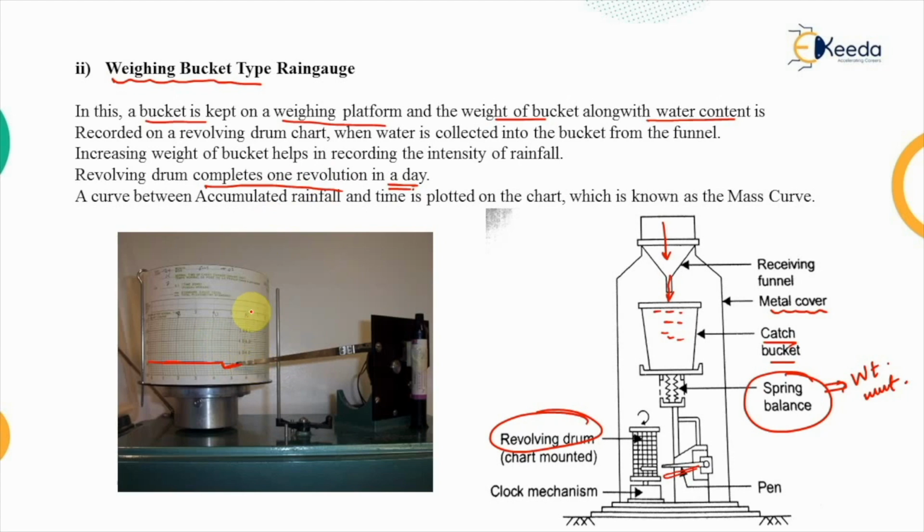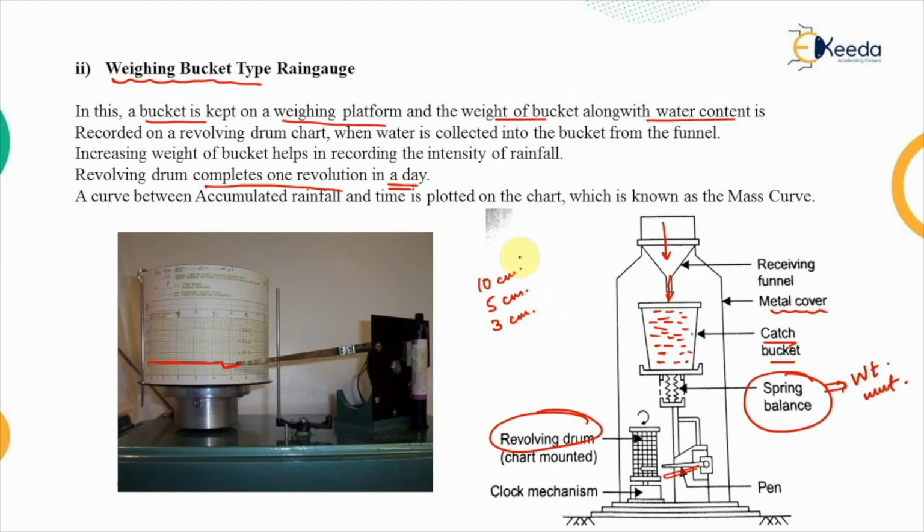Now what is the advantage in this? In this particular type of rain gauge, the bucket capacity is very high, and because of that the rainfall getting filled in here is accumulated rainfall. Let's say in the first hour there was 10 centimeter of rainfall, in the next hour 5 centimeter, and in the next hour 3 centimeter.